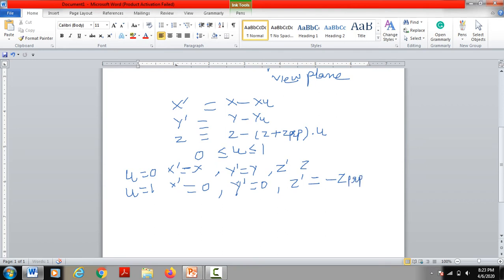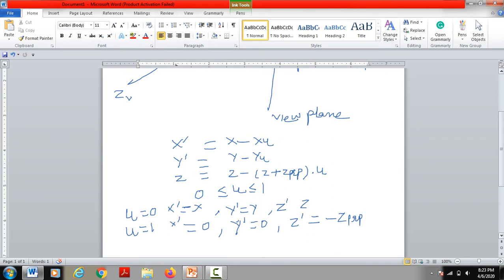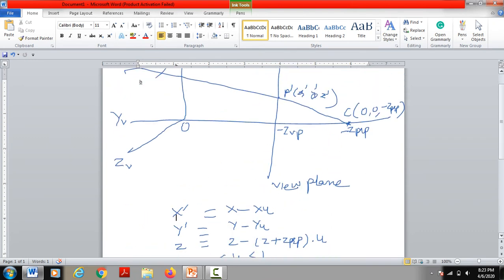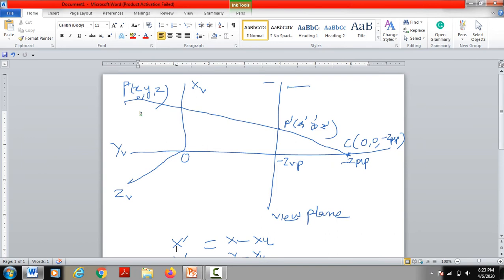Here you can observe one thing: when u is equal to 1, it is the projection reference point. So we have to display the object anywhere between the exact location of the object and the projection reference point.